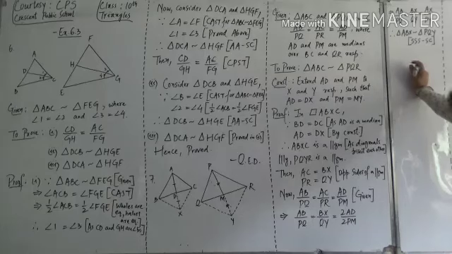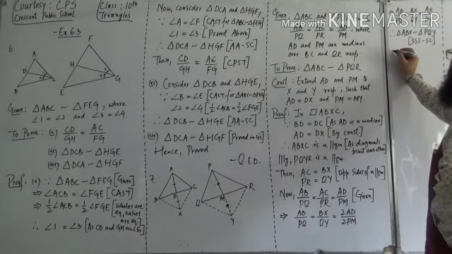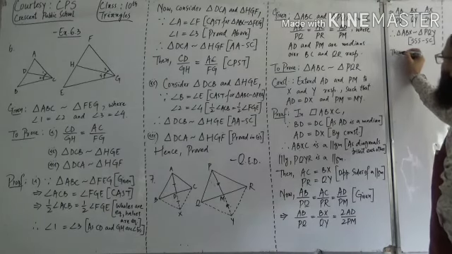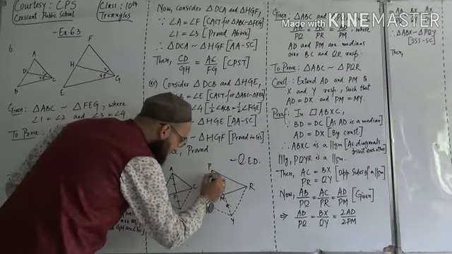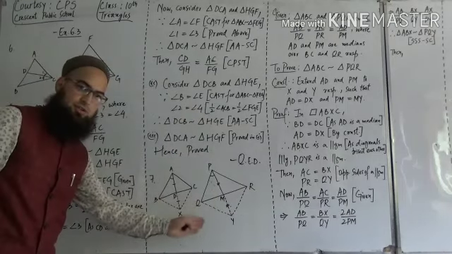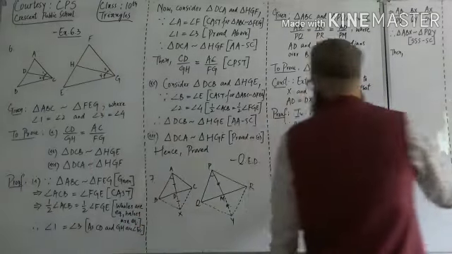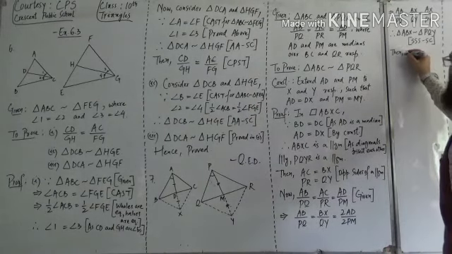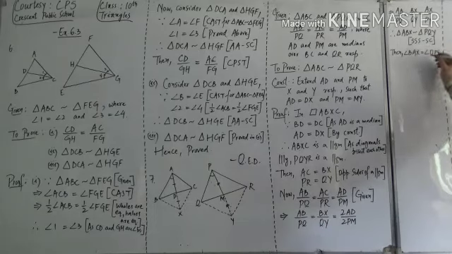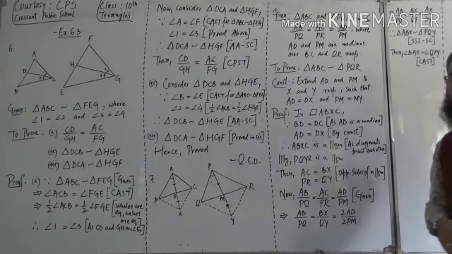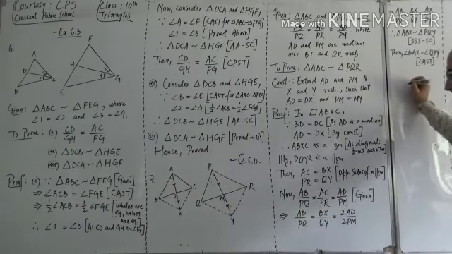Now, in that case, this angle is equal to this angle, because this triangle is similar to this triangle. Then angle BAX is equal to angle QPY. Reason: CASTC, corresponding angles of similar triangles.